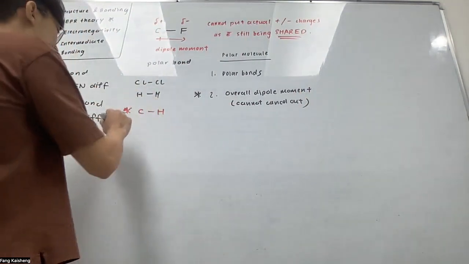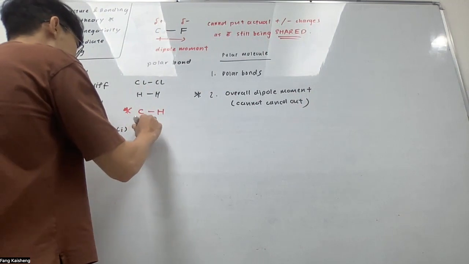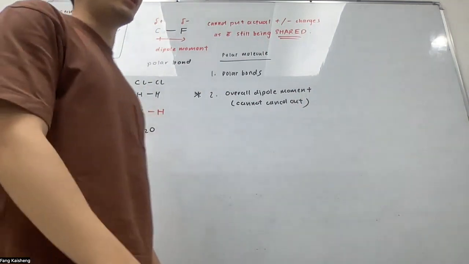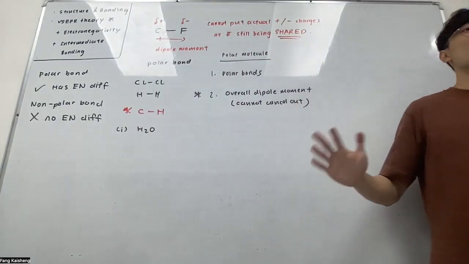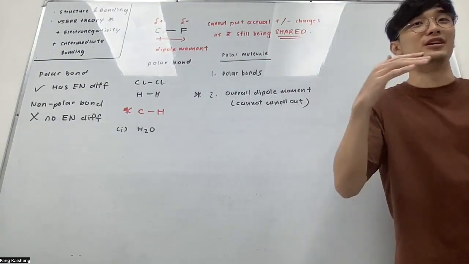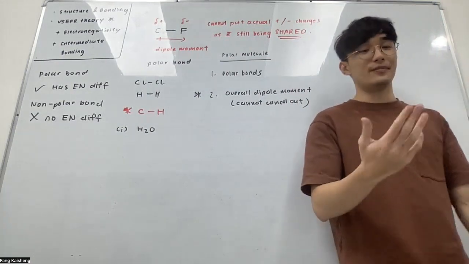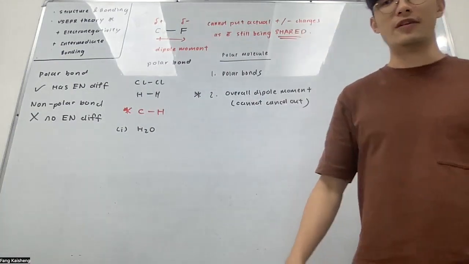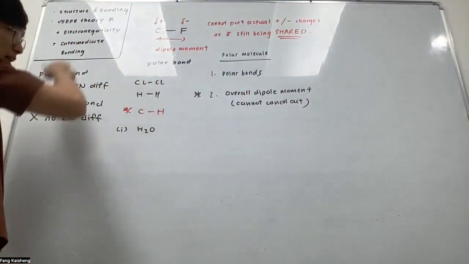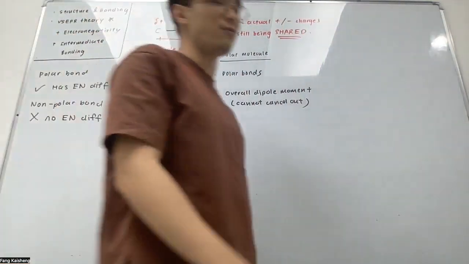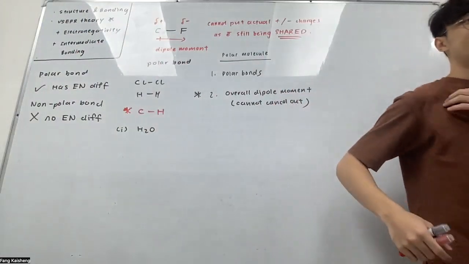Number one, how to draw the structure of water? Go and try. When I say structure, I don't mean dot and cross. I mean the whole thing with the shape, with the bond angle and everything. Just the shape, no need to draw the bond angle, they never ask here. So you see, we learned VSEPR theory, right? Because it's linked to this concept. It all flows on, right?